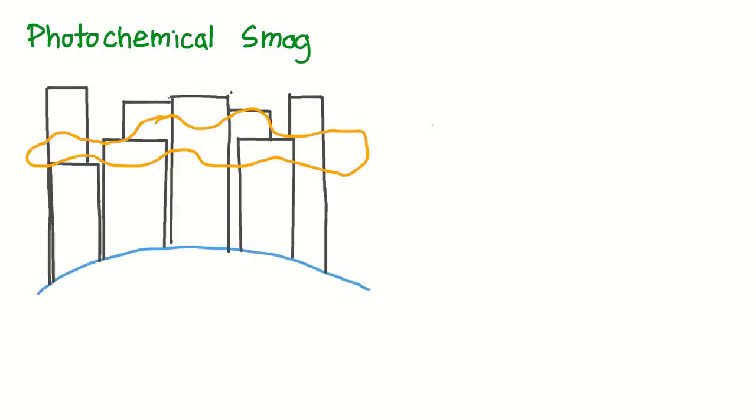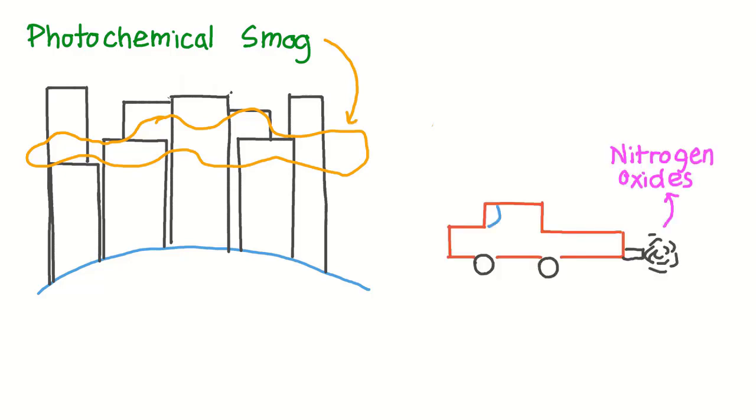The final example we'll look at of a photochemical reaction is photochemical smog. Photochemical smog is a kind of air pollutant that's commonly found in cities. It appears as a brown haze. This smog is produced because of a reaction that occurs from one of the byproducts of burning fossil fuels.